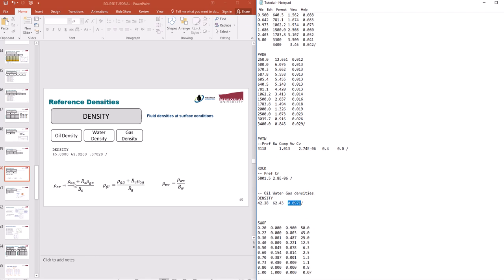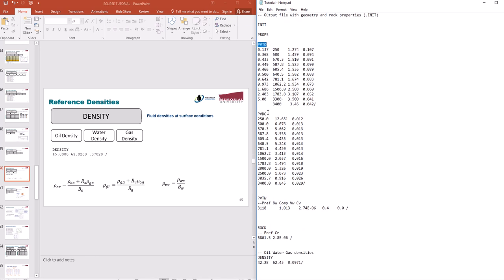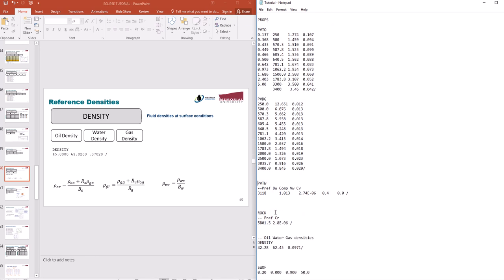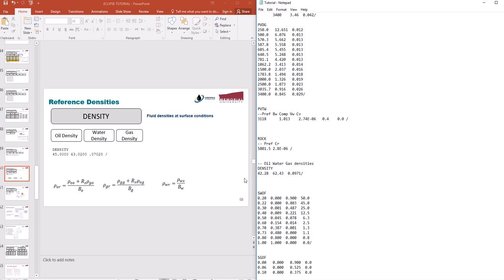Because if we provide the oil density and gas density here, and we already provided Rs and Bo, Eclipse can calculate the density of the oil, gas, and water at the reservoir condition. So we provided oil, gas, water, and rock properties, and we told Eclipse what the densities are at the standard condition. So we are done with this section.